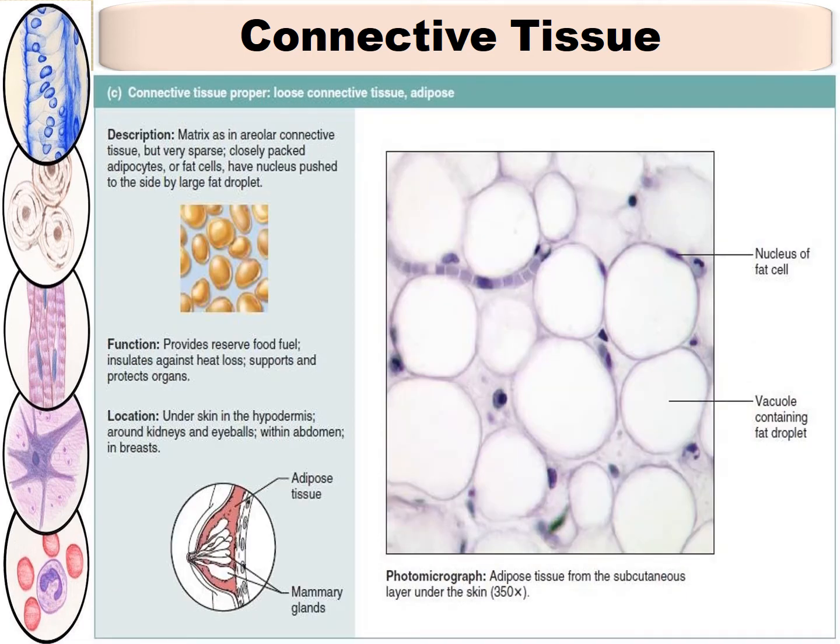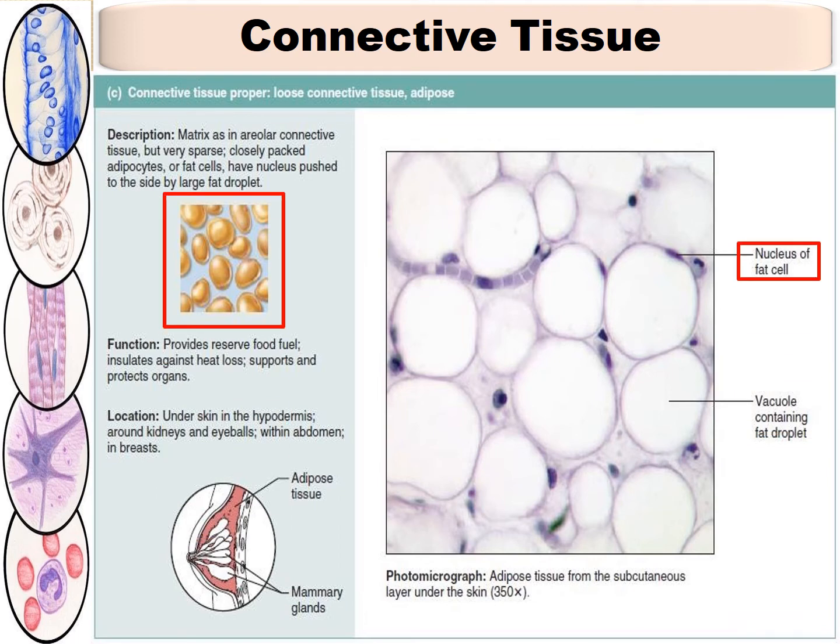Then the third loose connective tissue proper is the adipose tissue. This adipose tissue is composed of the matrix as in the areolar connective tissue, but it is very sparse, with closely packed adipocytes or fat cells, having the nucleus pushed to the side by large fat droplets.